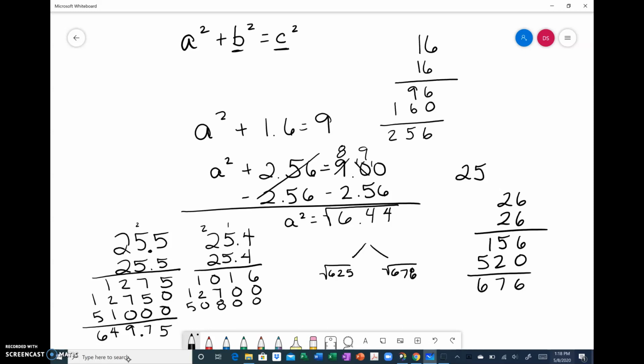Let's see. That brought me up to what's going to end up being 6.45. Okay, so I would approximate A at 2.54. Okay, and let me look over here at my answer.